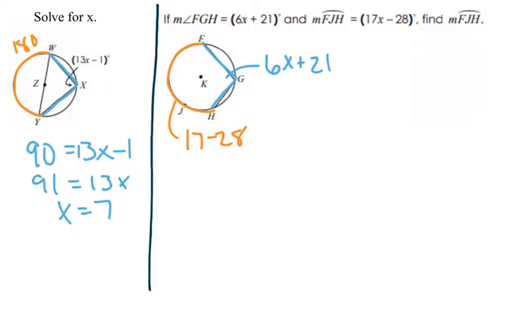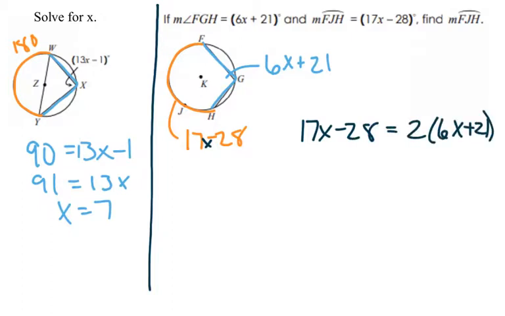Okay. But what we know is that an inscribed angle is equal to half of the arc. Or we could say the arc is equal to twice as much as the inscribed angle. I think it makes a little more sense in my head to do it like that, so that's what I'm going to do.